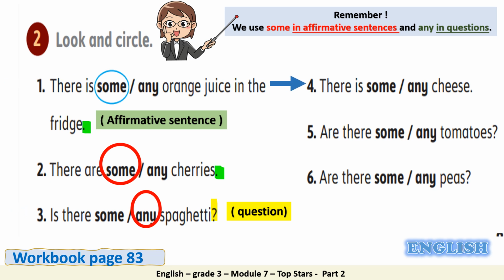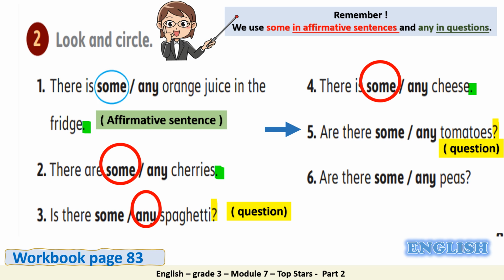Number 4. We have a full stop. It's an affirmative sentence. Excellent. Some. There is some cheese. Number 5. A question mark. It's a question.